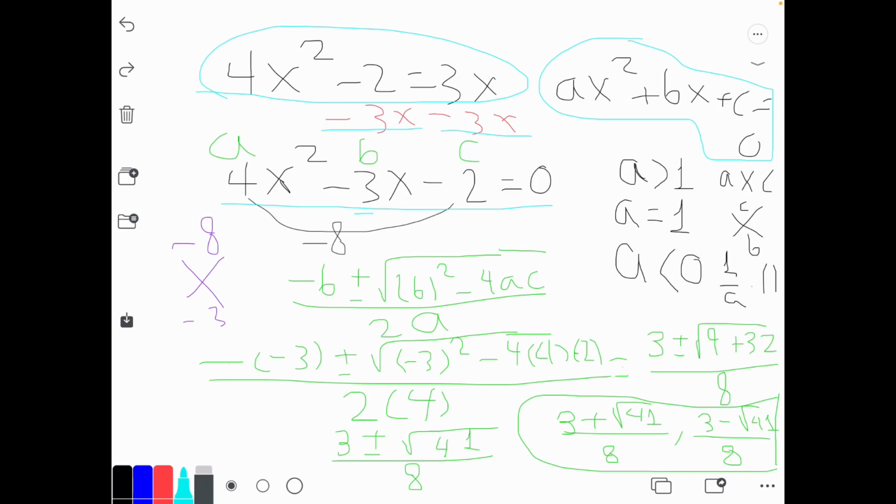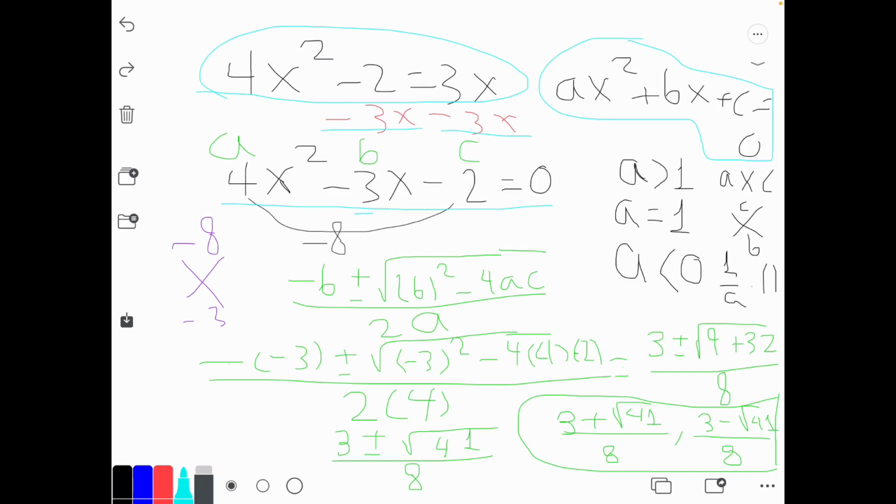Now you may get confused about what is a, what is b, what is c. Before using any of the formula methods for quadratic functions, I recommend you identify what you have as a, b, and c. It's ax squared plus bx plus c equals 0.